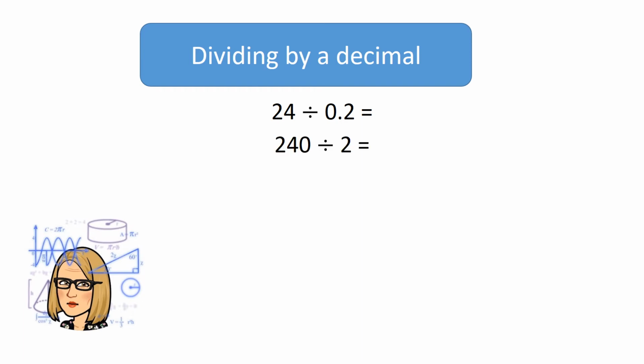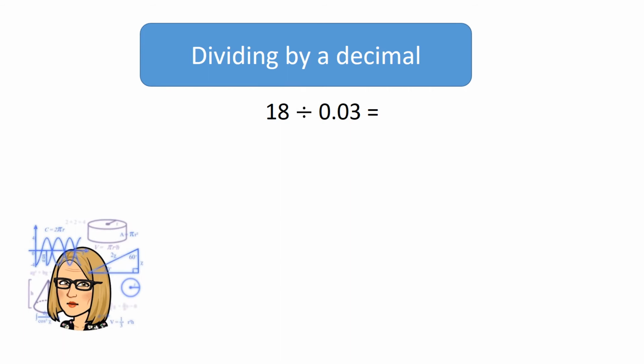So now I've got 240 divided by 2. Now I know that half of 240 is 120. If 240 divided by 2 is 120, then 24 divided by 0.2 is also 120.